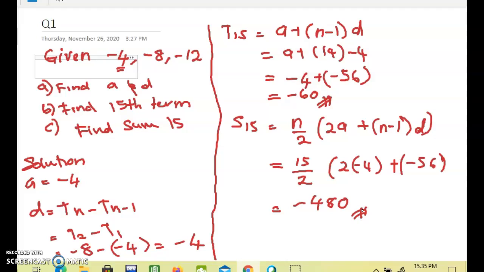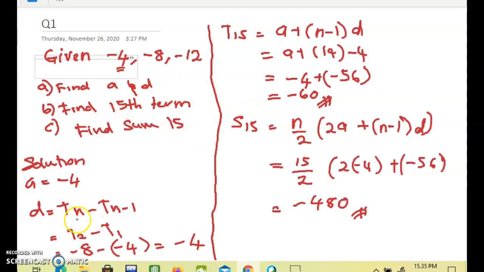So you can double check your answer using a calculator. -480. Okay, so this is how you solve the question for arithmetic.